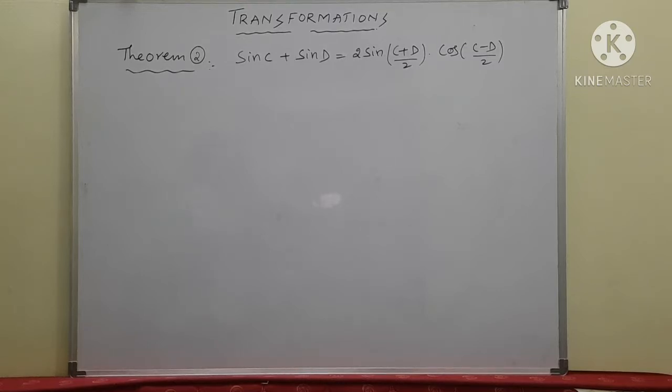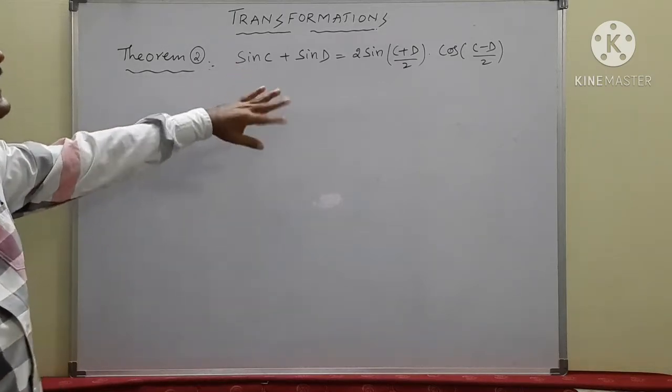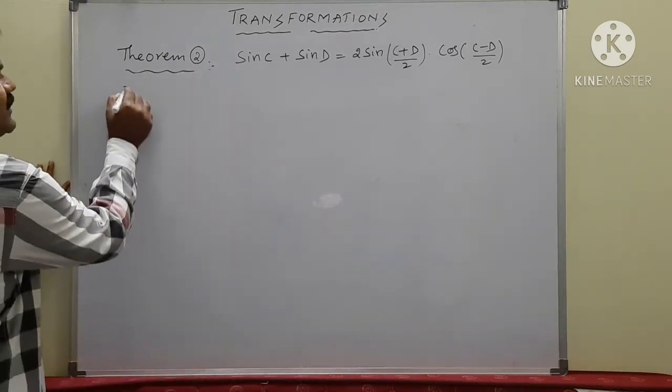So look at one more theorem, theorem number 2. Sin c plus sin d is equal to 2 into sin of c plus d by 2 into cos of c minus d by 2. So this is also same as the previous one.